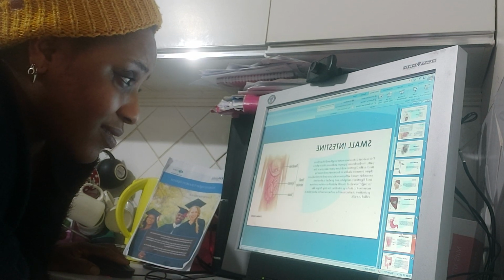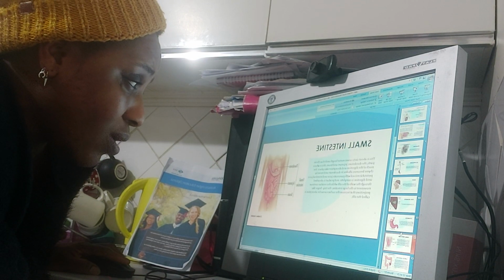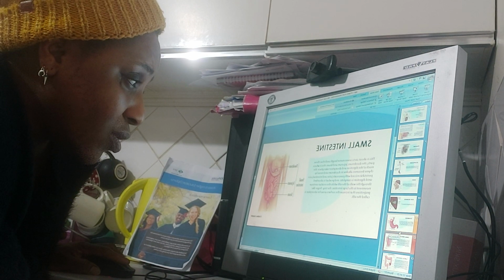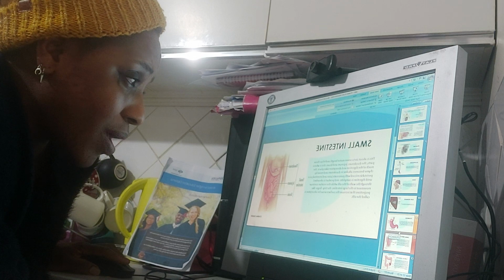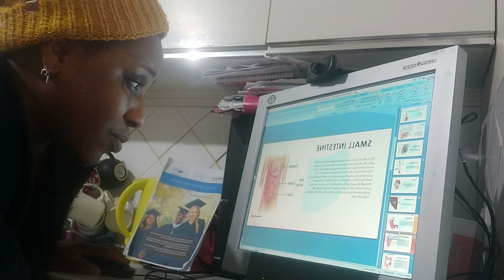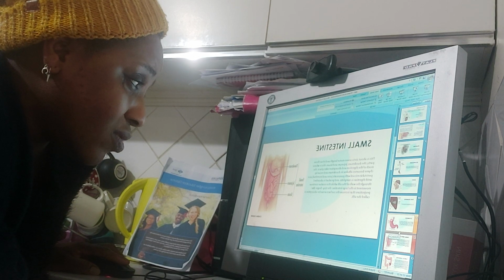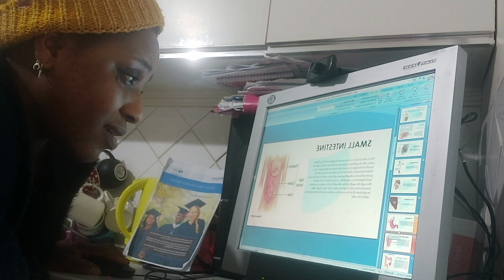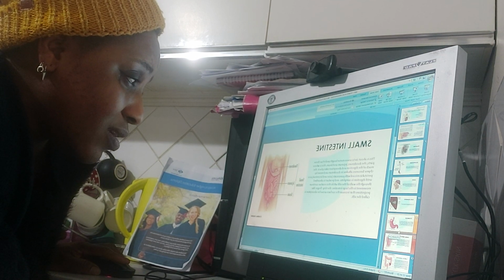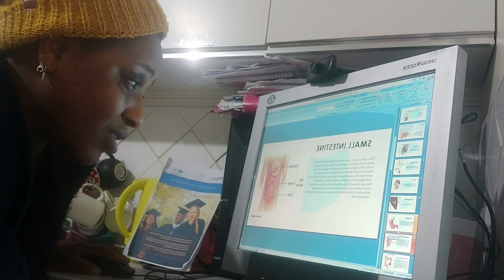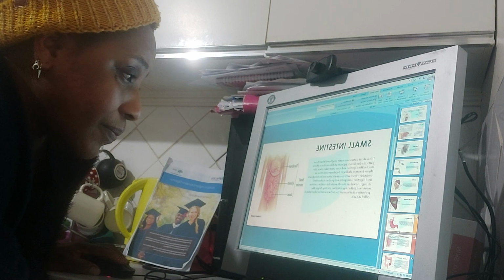Small intestine: this is about 6 to 7 meters long and it has three parts: the duodenum, jejunum, and ileum. This is where much of the digestion and absorption takes place. The chyme becomes alkaline in the duodenum and is moved by peristalsis, mixed with pancreatic juice and intestinal juice until digestion is complete.